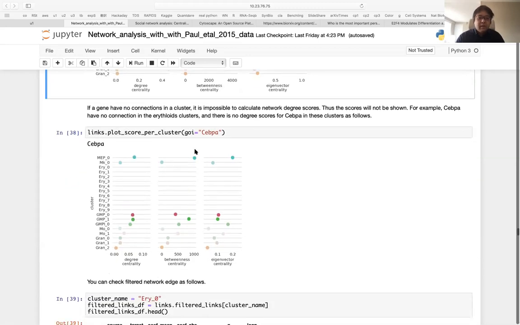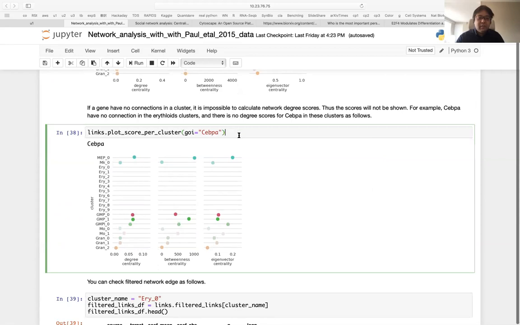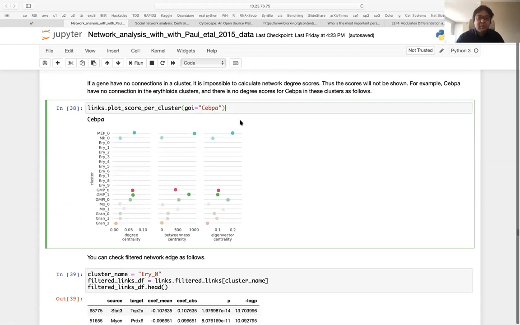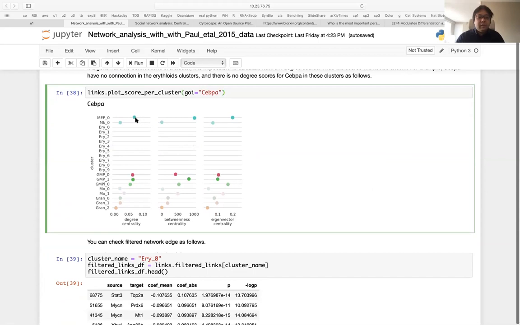Okay, let me show one more different gene. So here, if we show the CEBP alpha gene, we detect some score here, but we cannot see any score in the erythroid cluster, which means this gene does not have any connection in this cluster after filtering.